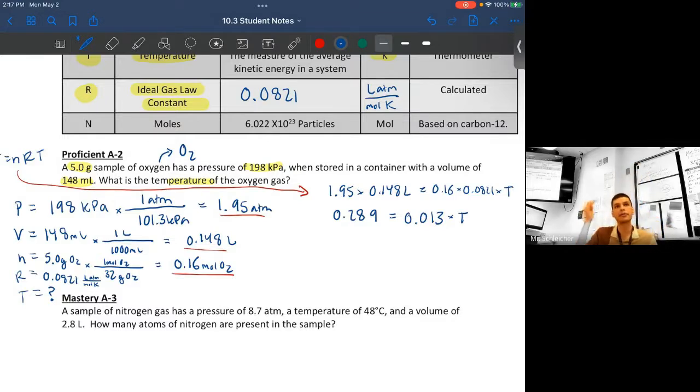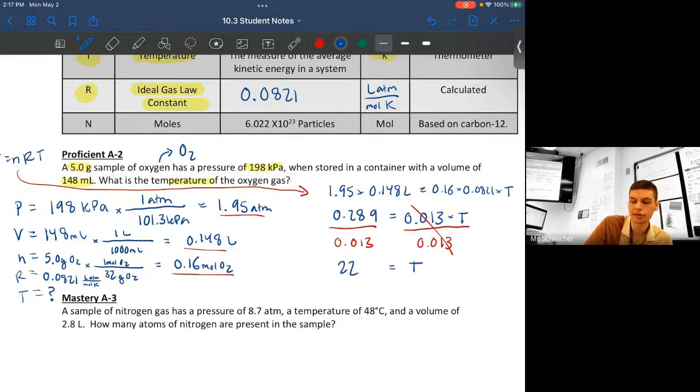So how do we solve for our temperature now? We want to get it by itself, so we have to divide both sides by what it's currently being multiplied by. Let's divide both sides by this 0.013 to get temperature all by itself. On the right side, that just cancels out. But on the left side, we do actually have to plug that into our calculator. 0.289 divided by 0.013 gets us 22 or so.